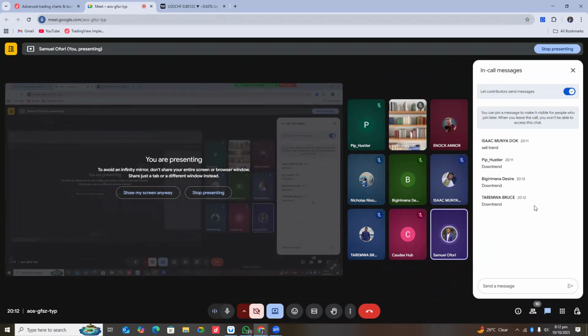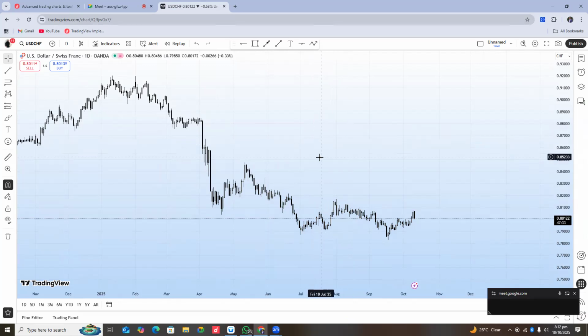Isaac says it's a sell trend. Yaya also says it's a downtrend. Desire also said it's a downtrend. Bruce is also saying it's a downtrend. I want to believe that all of us are seeing the same thing. If you are seeing something different, tell us so that we can help you. Yes, I'm also seeing a downtrend, and I believe a majority of traders will also say this is a sell trending market. So the first part is done.